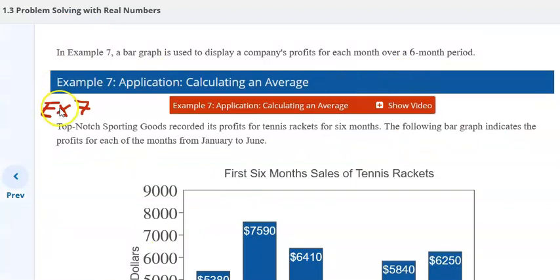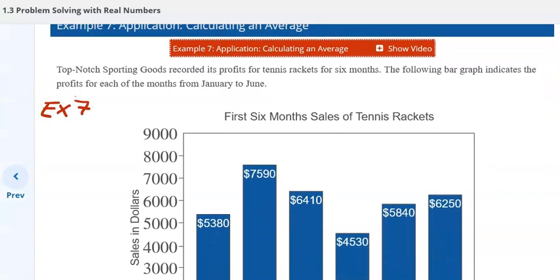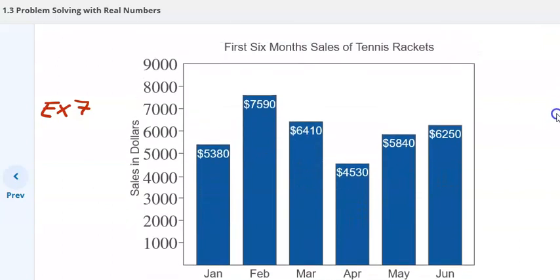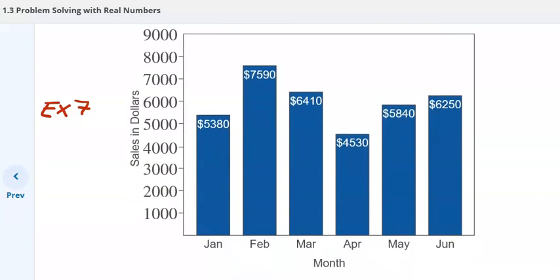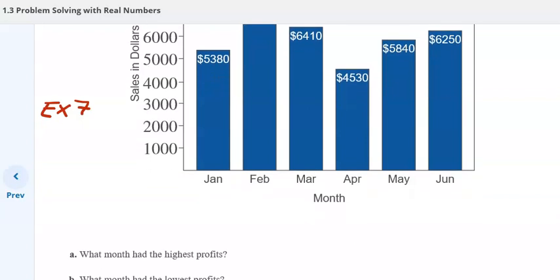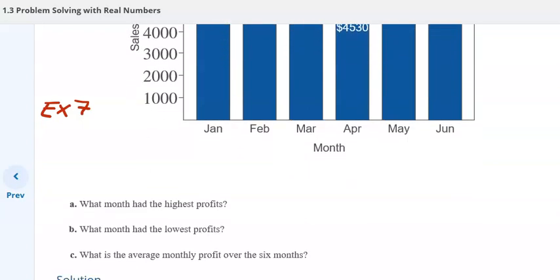Now, for example 7, and you do not need to draw the chart. This is sales of tennis rackets, the first 6 months of the year, and we see it listed there. We have to go down to see our question.